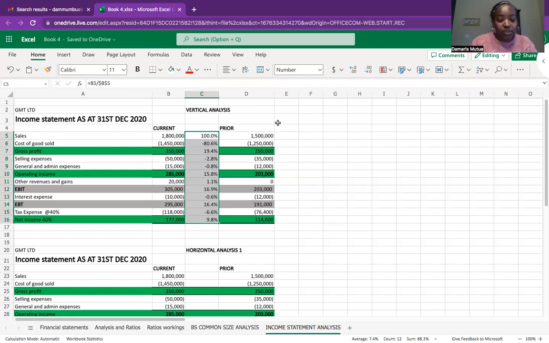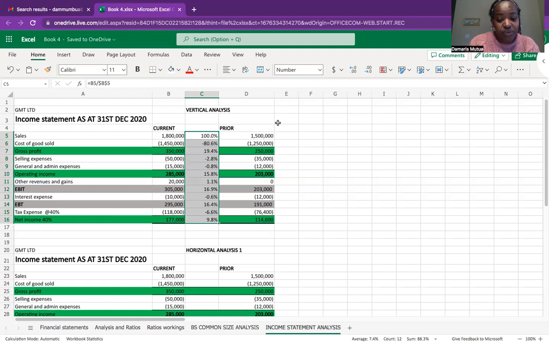So when we look at our COG, it's 80% of the sales. So our gross profit is 19.4% of sales. Selling expense is 2.8% of sales. General expense, 0.8%. Our operating income, 15% of the sales.